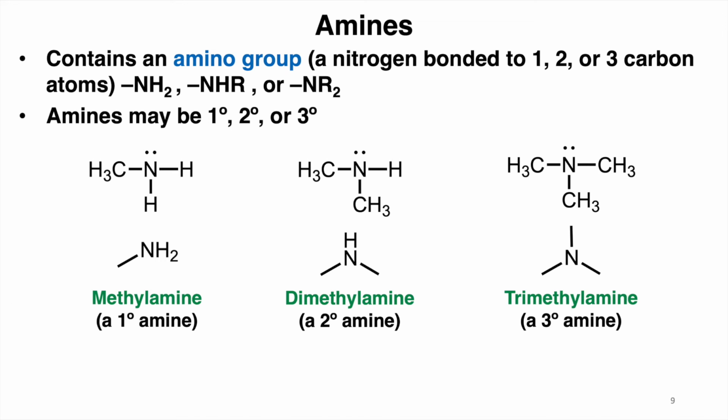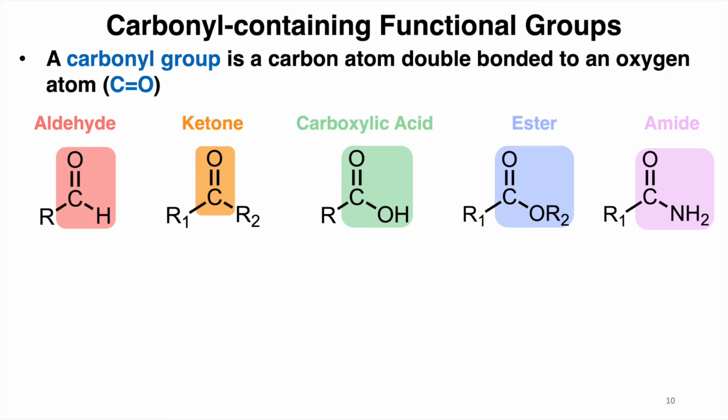Amines are another functional group, which is when a molecule contains an amino group. Amines, like alcohols, can also be primary, secondary, or tertiary, depending on how many hydrogens are directly attached to the nitrogen atom. 5 functional groups fall under the category of all containing carbonyls, or C double bonded to O. Aldehydes are a carbonyl bonded to a hydrogen atom.